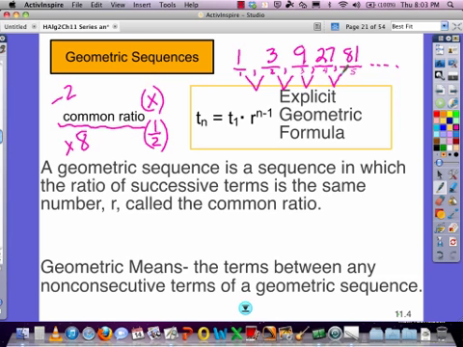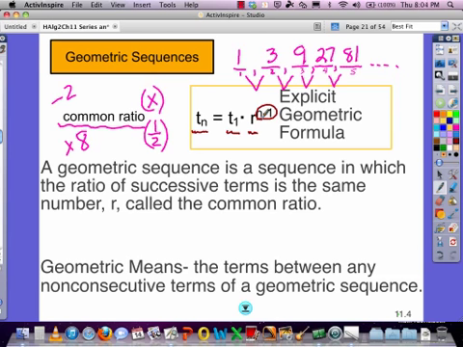So by definition, we have T sub n. Any term in the sequence is calculated by taking the first term, timesing it by that constant ratio, but notice it's to the power of n minus 1, 1 less than where you're headed. So I was on the 5th term up there, and my T sub 1 term was a 1, times my ratio, which was a 3, to the power of n minus 1.